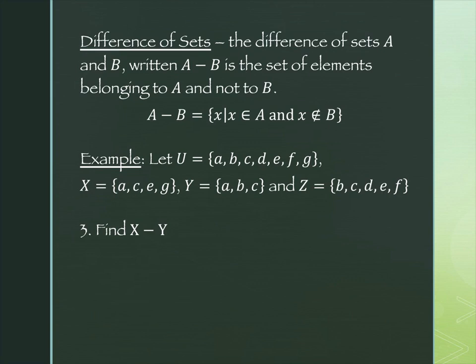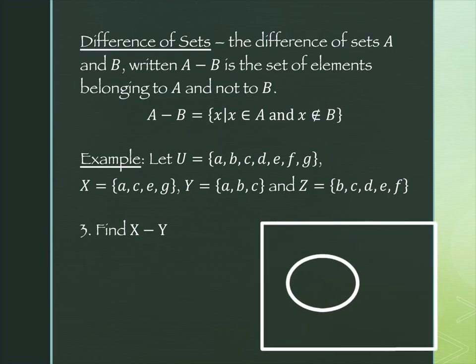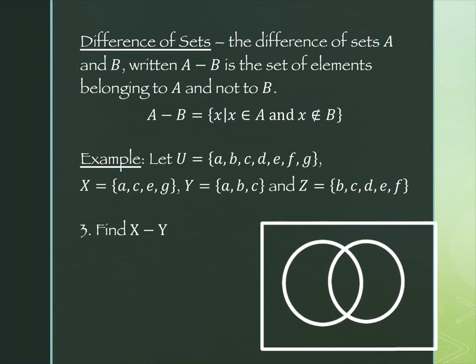The difference of sets A and B, written A minus B, is the set of all elements belonging to A and not to B. A minus B, which is X such that X is an element of A and X is not an element of B. So the picture for the Venn diagram that goes with this is it says it has to be in A, but it is not inside of the overlapping part with B. So you get this sort of crescent moon shape going on out here.